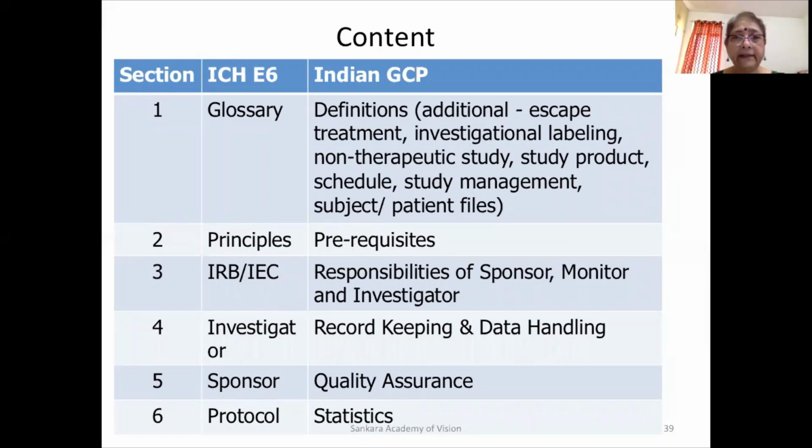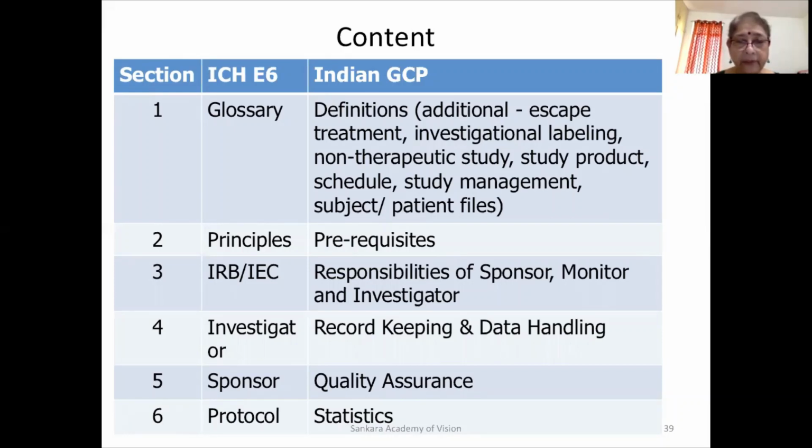There were differences in definitions and certain terminologies. Instead of principles, they said prerequisites, and IEC instead of IRB. Besides that, they had the responsibilities of sponsor, monitor and investigator added. And for the investigator, record keeping and data handling was also the responsibility of the investigator.